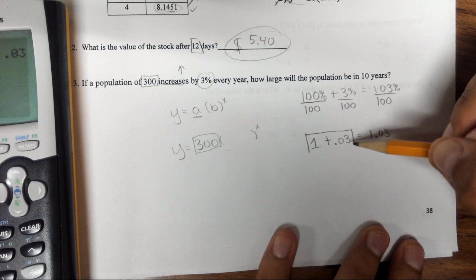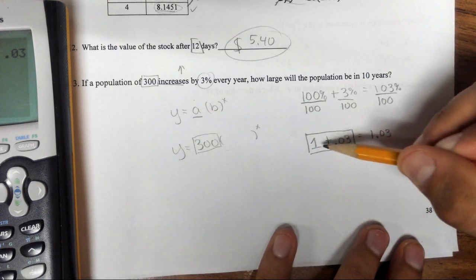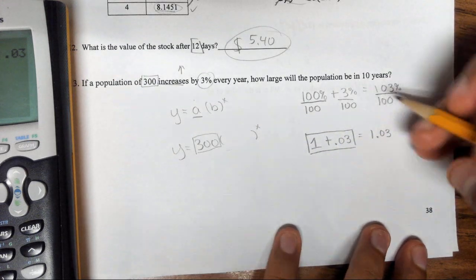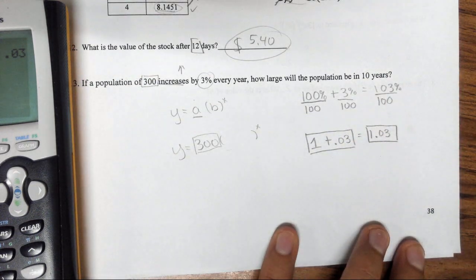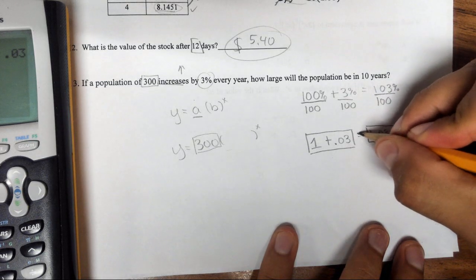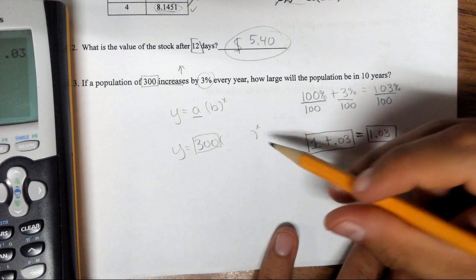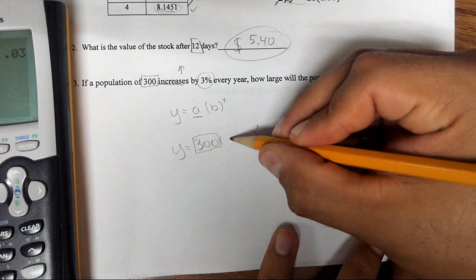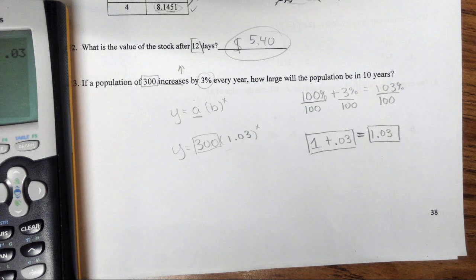Sometimes they'll write it in this way, the 100% plus the 3%, also written as 1 plus 0.03, or they'll write it this way, 1.03, which again, you have to understand that both of these things are equal. Both of these things really mean the same thing. So it's completely up to you what you want to write in here. But that's going to be my equation.